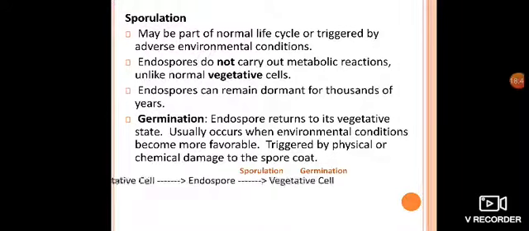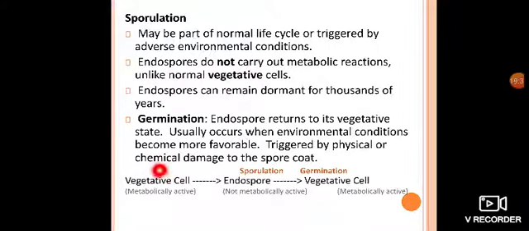Here we can observe that vegetative cells form the endospore by the sporulation process, and when the endospore gets proper favorable conditions, then and only then it becomes a vegetative cell again. This process is called germination. So first there is the vegetative cell, which forms an endospore through sporulation, and after germination it becomes a vegetative cell again.